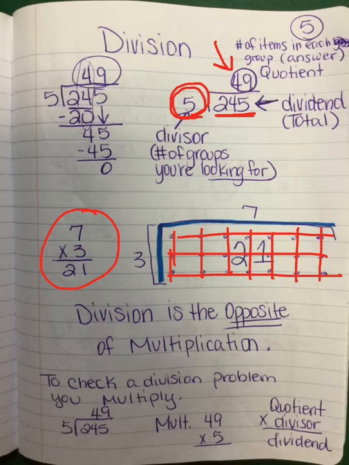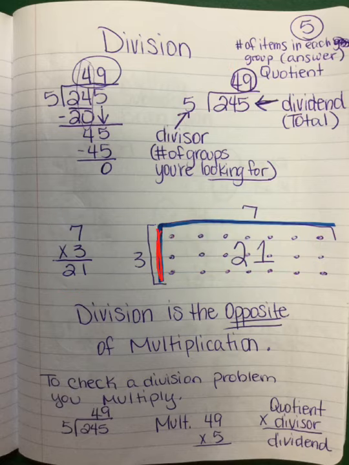That gives you 21. Well, then when you draw that little house above it, you have a division problem. 21 divided by 3 equals 7.